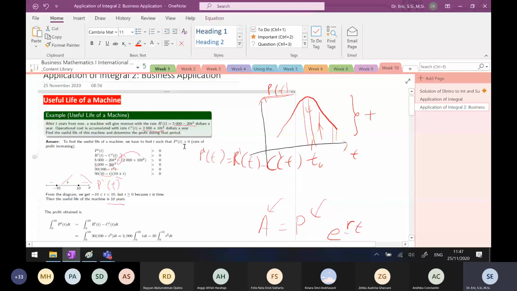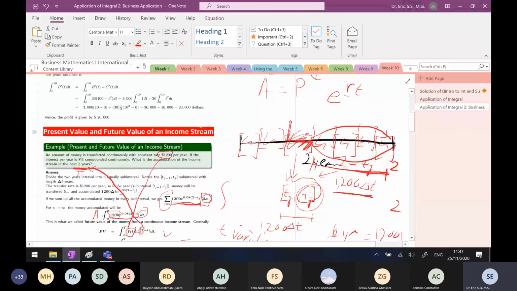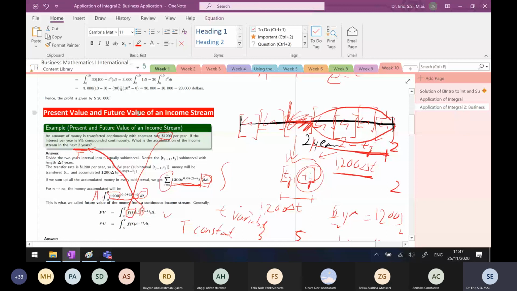And what about the present value and future value of an income stream? Don't forget, this is different from the present value and future value of compound interest, saving with compound interest. This is different. Here the income is a stream, meaning every second, every millisecond a certain amount is transferred, and in the end the accumulated amount is 1,200.